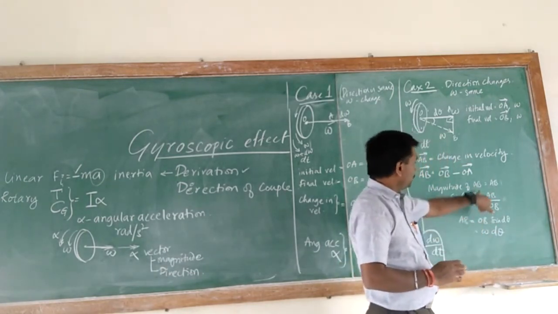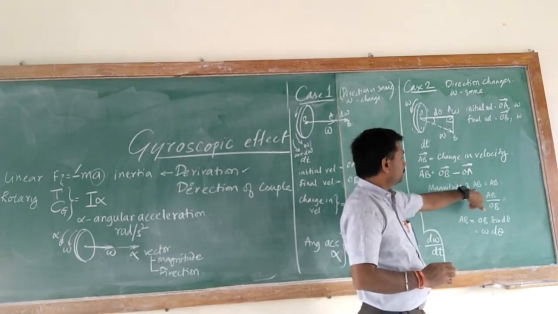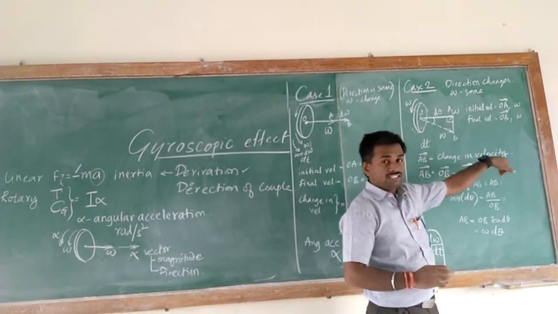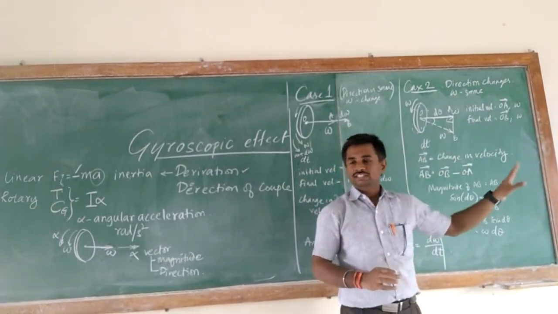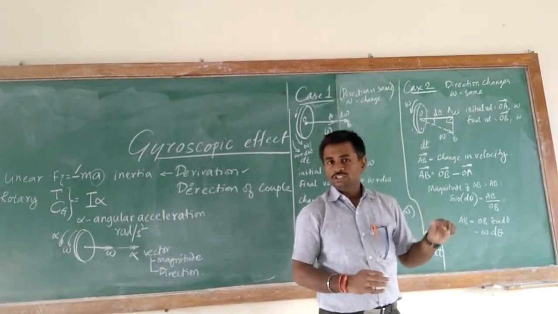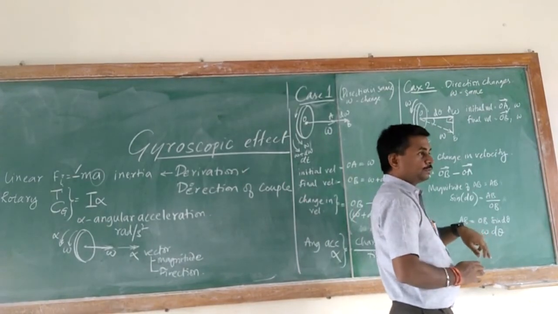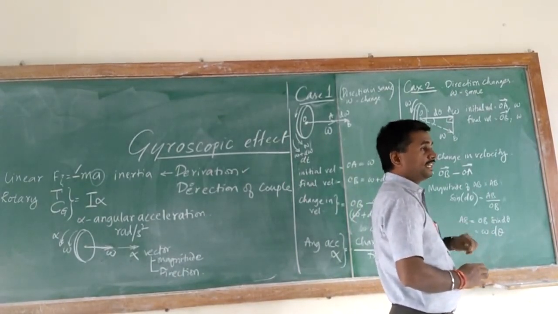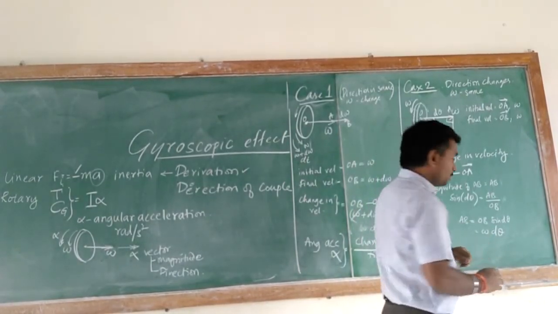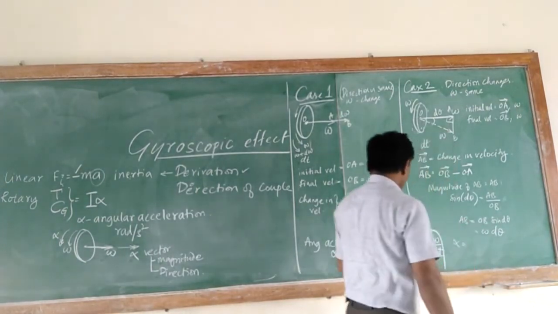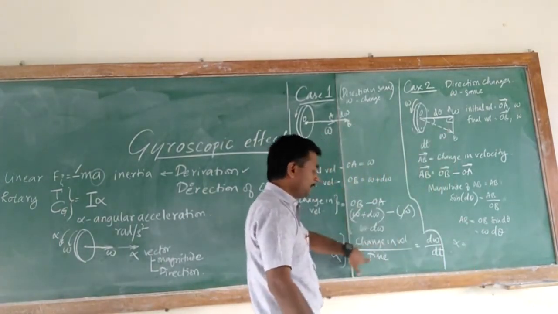What is AB? Magnitude of AB is the change in velocity. So we got the magnitude of change in velocity, and this magnitude will be used to find acceleration. What is acceleration? Same formula: change in velocity by time.